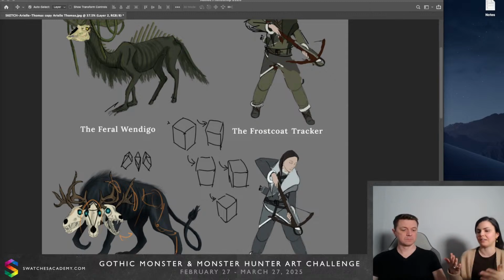So the expectation is if you participate in an illustration challenge, that you would produce an illustration. If it's a concept art challenge, the assumption is that you would lay it out more like concept art. This one isn't real specific in one way or the other. But if you're working more on the concept side and that's kind of what you want to build for your portfolio, then I don't have any problem with that.